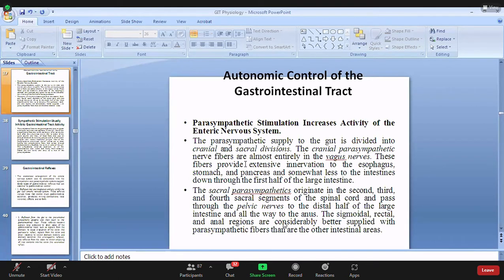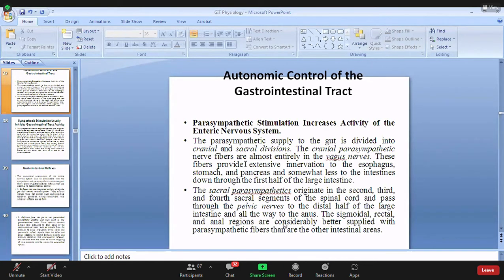When we eat, what happens after eating? Due to parasympathetic stimulation, all the secretions of the gut wall will increase, so it will help in better digestion. After better digestion, it helps in gut motility so that the digestive end products may evacuate, that is, defecation may occur.